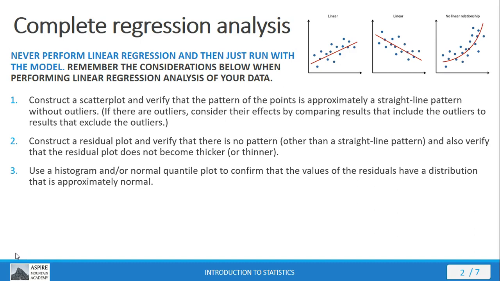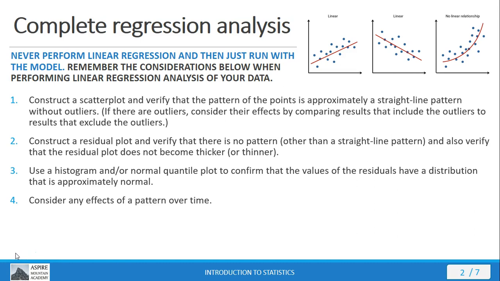This is important for residual plot analysis because it's one of the assumptions for the analysis method. So your residual plot could be misleading if the residuals themselves are not approximately normally distributed. So you want to check for that.